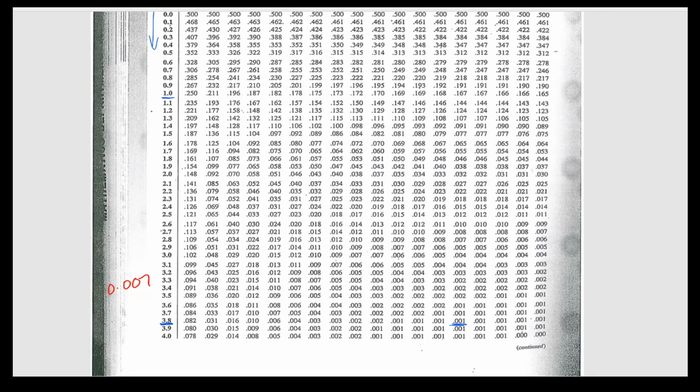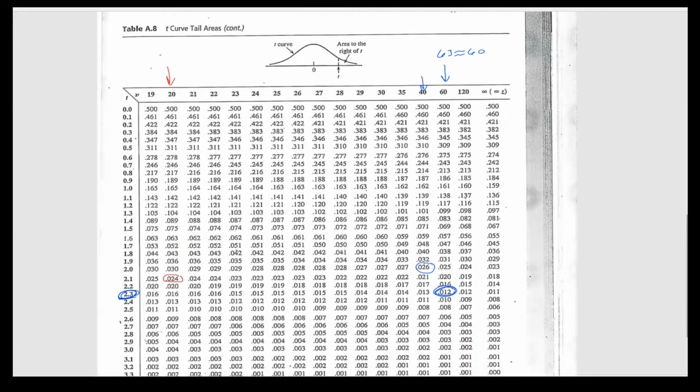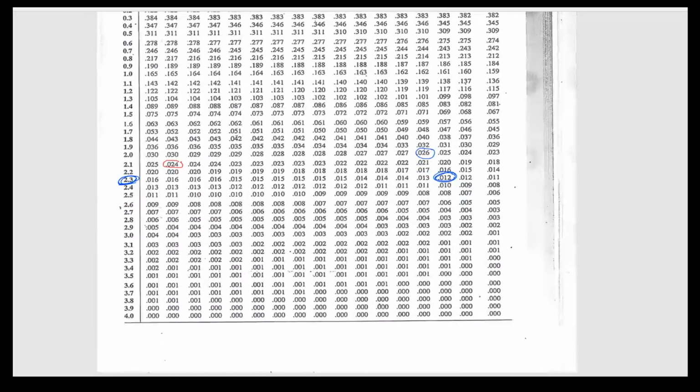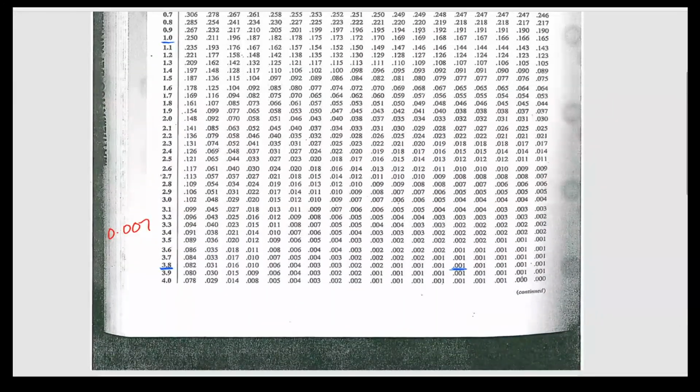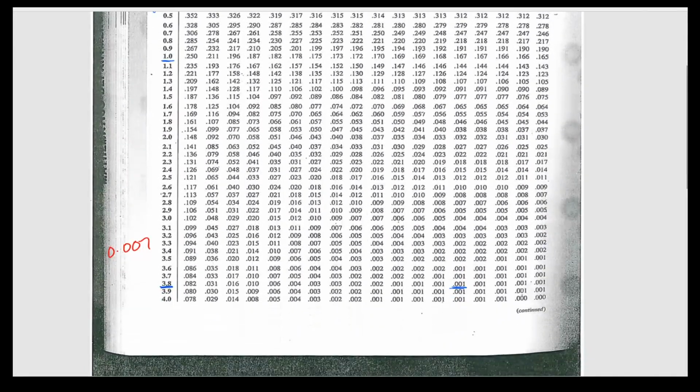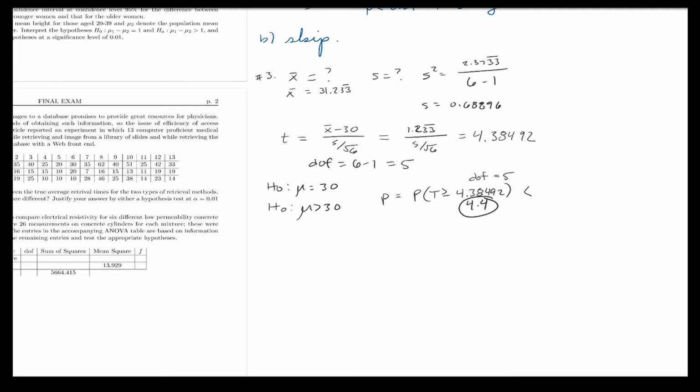So 4.4 is on the next page. Oh snap, we should go down to 4, and column 5, which is this value here. So it's smaller than 0.005. So p-value is less than 0.005 for sure.